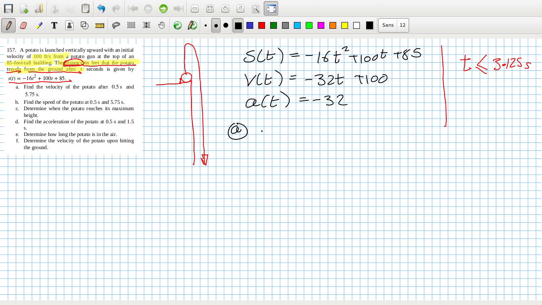A, velocity at 0.5, and then the velocity at 5.75. All right. 84 feet per second up.